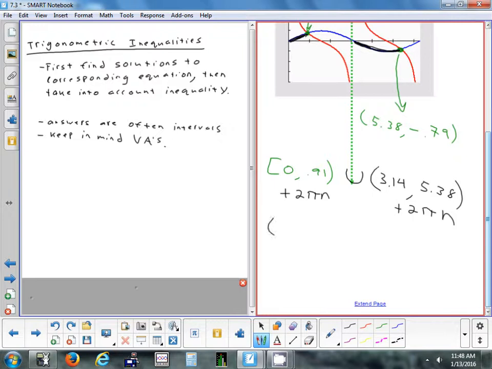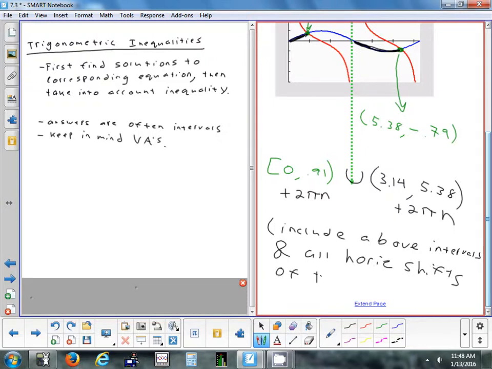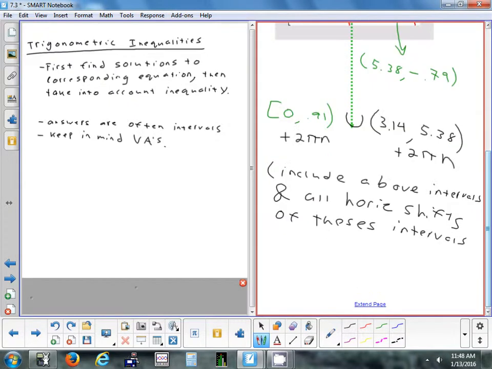Okay. So include above intervals and all horizontal shifts of these intervals by multiples of 2 pi.